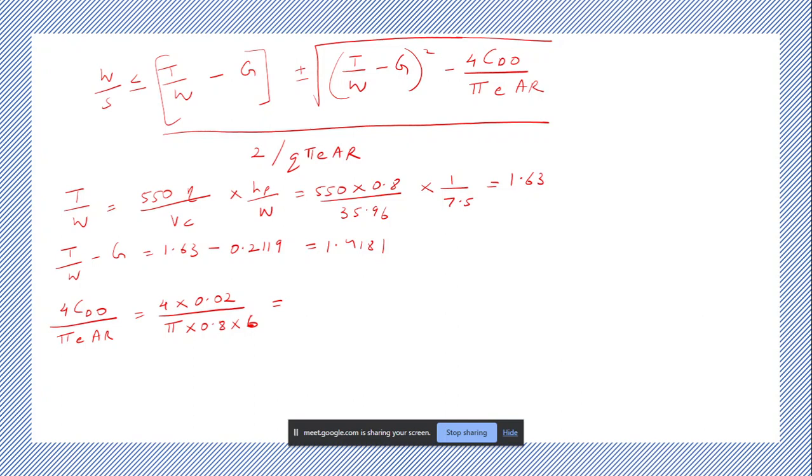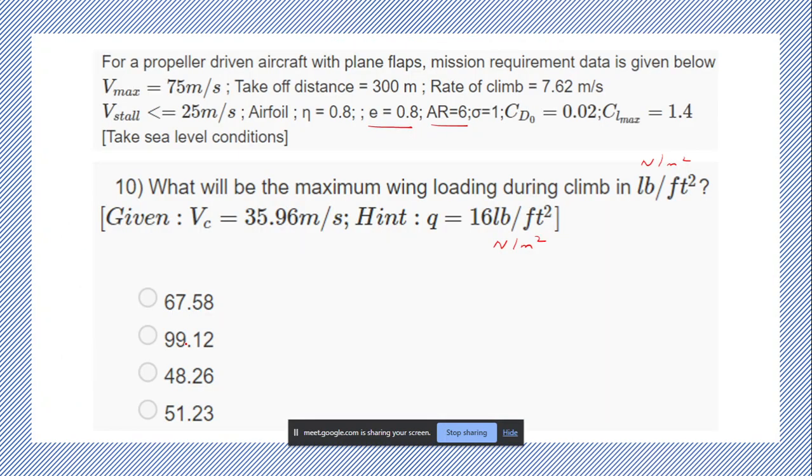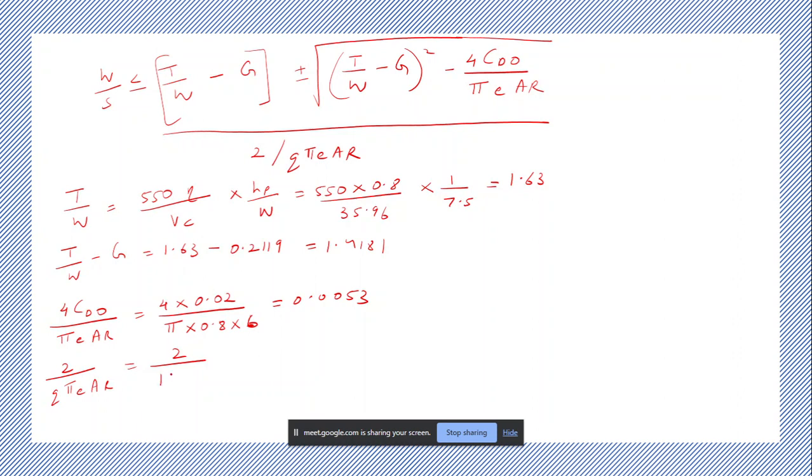Zero point zero zero. Is this right? Now let's just do the denominator, that is 2 by Q by E AR. 2 by Q is given as 16. 2 by E is 0.86.